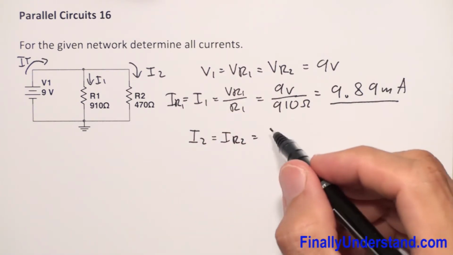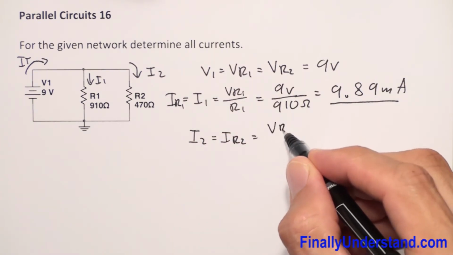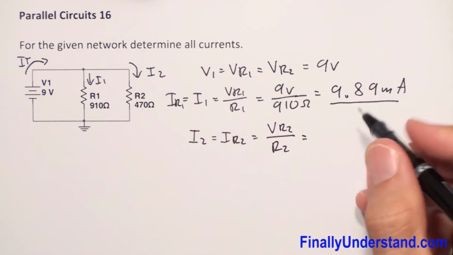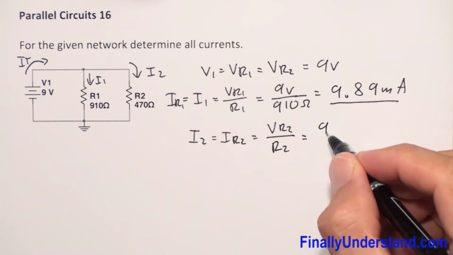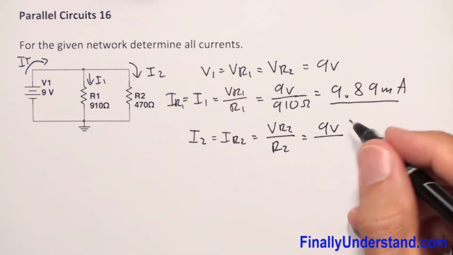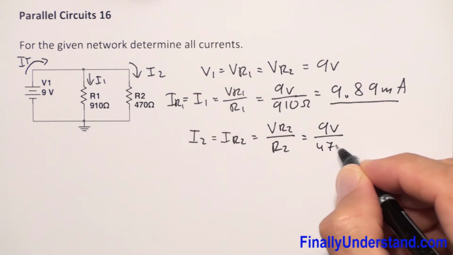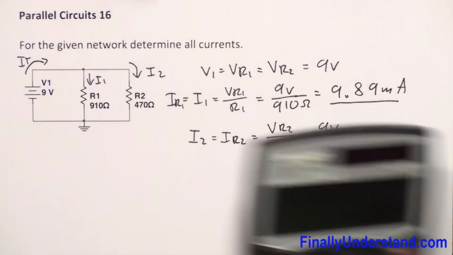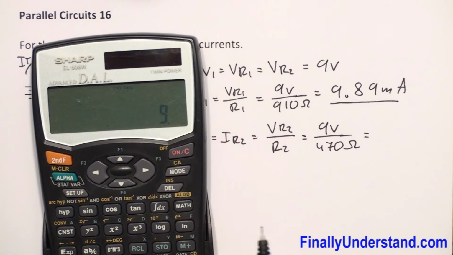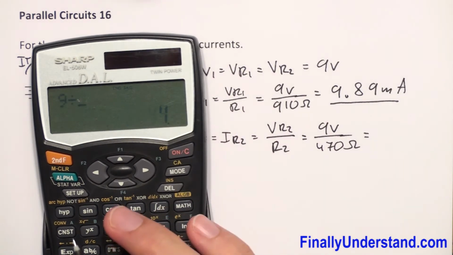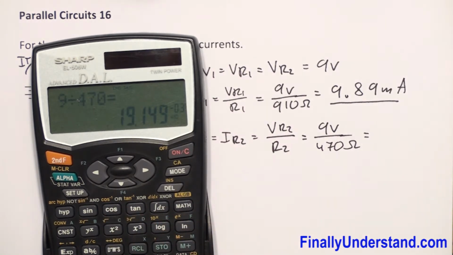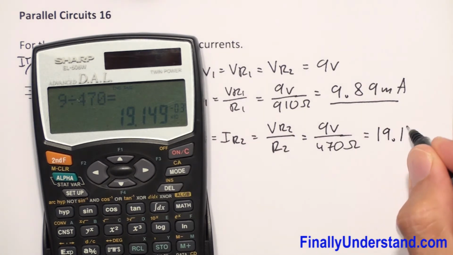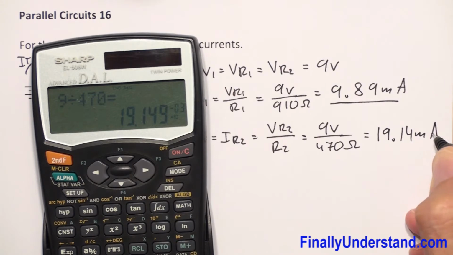This is equal to VR2 over R2, where VR2 is equal to 9 volts over R2, which is equal to 470 ohms. This is 9 divided by 470, which is equal to 19.14 milliamps.